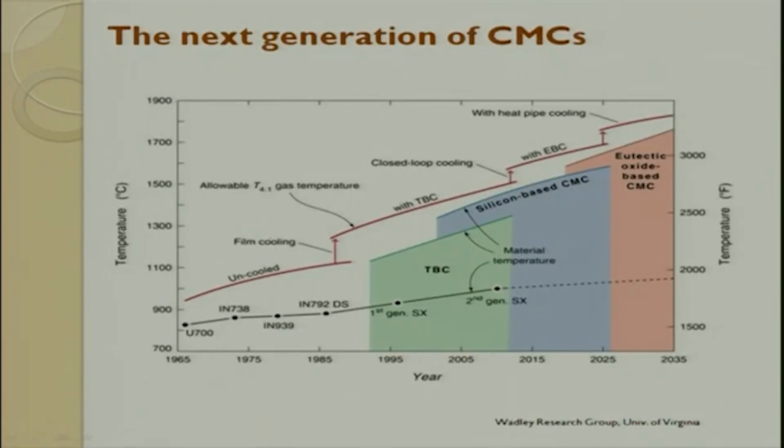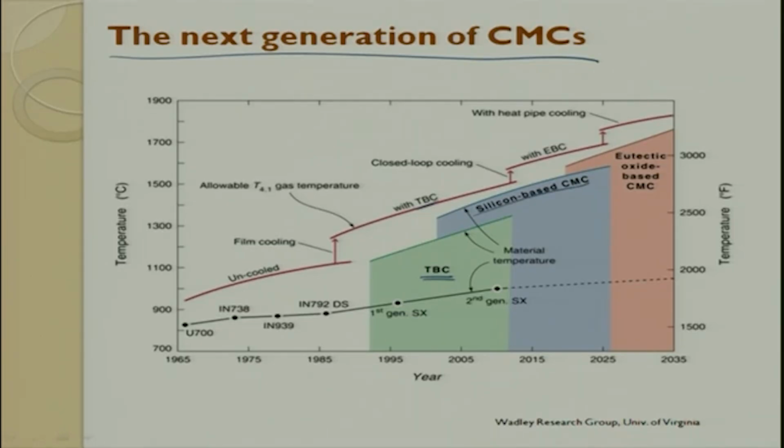So, what is the next generation of ceramic matrix composite? The next generation are going to be TBCs, thermal barrier coating. Thermal barrier coating can be used for aerospace, cutting tool, so many applications. First it was uncooled, now it is film cooled, then with thermal barrier coating, then with EBC we are also now getting materials which are silicon based ceramic matrix composites.